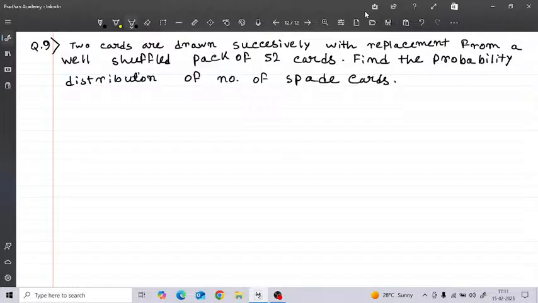So two cards are drawn from a 52 cards deck. So what is the probability distribution? Let's denote the random variable X as the number of spade cards drawn.